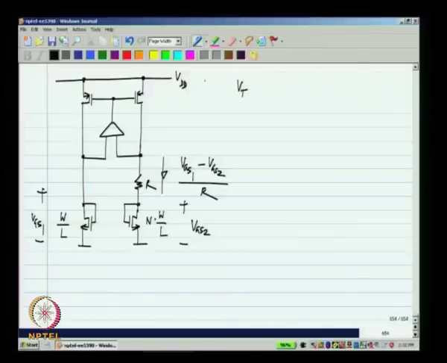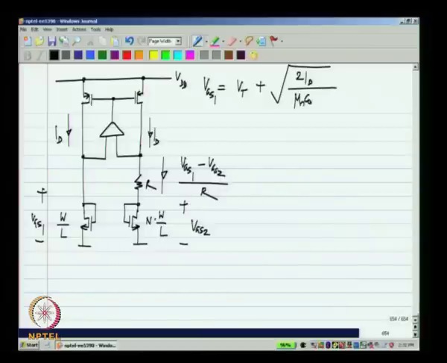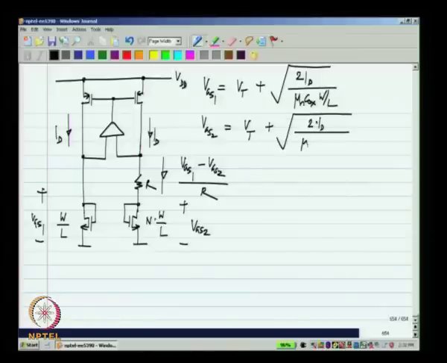That is Vt, threshold voltage, plus square root of 2I, whatever I is flowing here, let me call it maybe ID, 2ID by mu n Cox W by L, and VGS2 is the same threshold voltage plus square root of 2 times ID by mu n Cox n times W by L. We also saw that ID equals the difference between these two voltages divided by R. Okay.